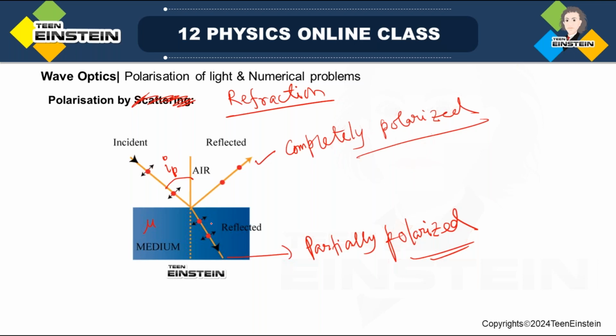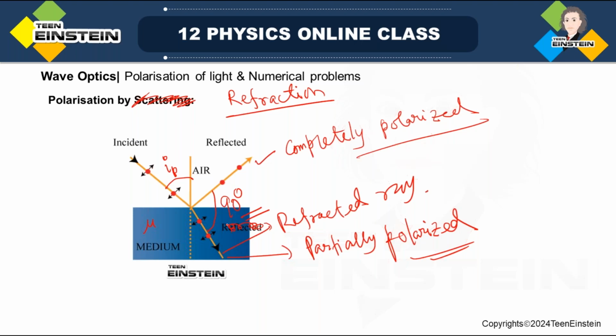The reflected light will be completely polarized, whereas the refracted ray will be partially polarized. And one more thing we have to understand: at this particular angle of polarization, the reflected ray and refracted ray make an angle of 90 degrees.